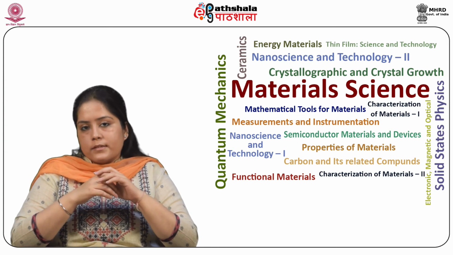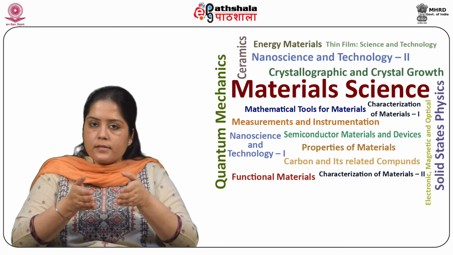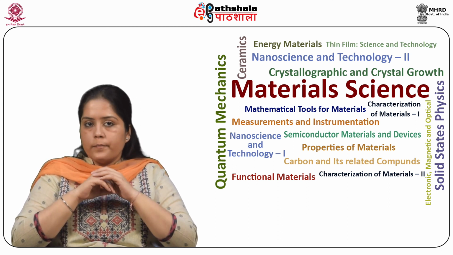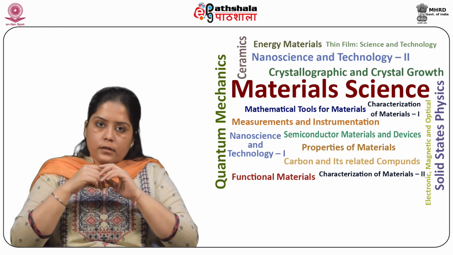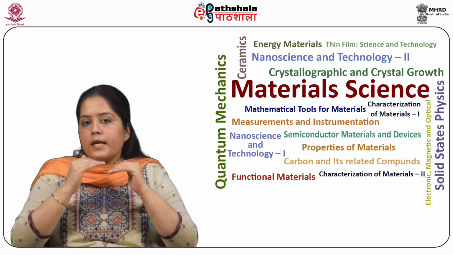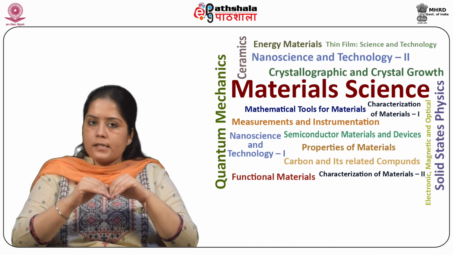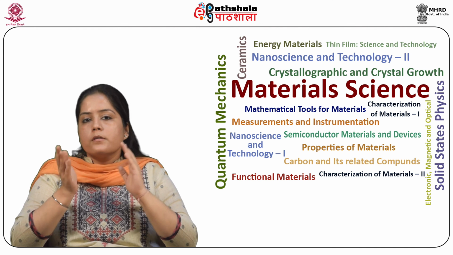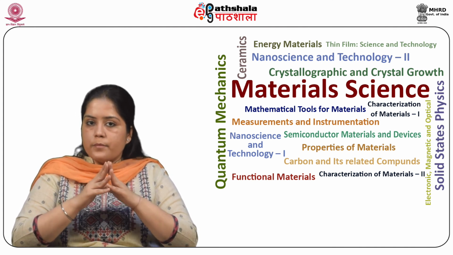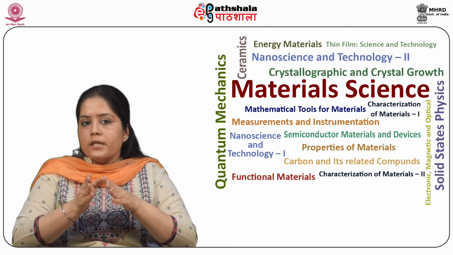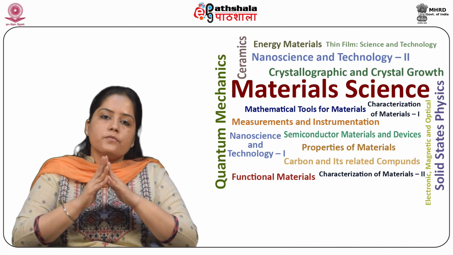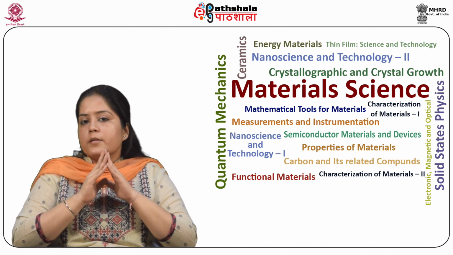So students, let us summarize what we have learned in this module. First, ferromagnetic materials are further categorized as hard or soft magnets, typically determined by the coercivity of these materials, and are the most useful of magnetic materials.